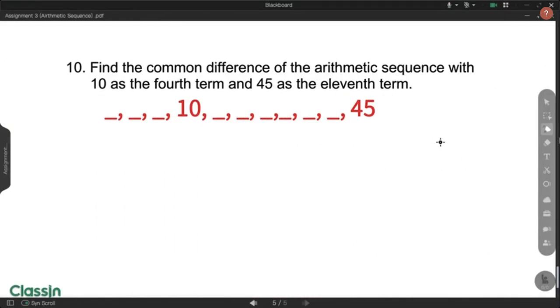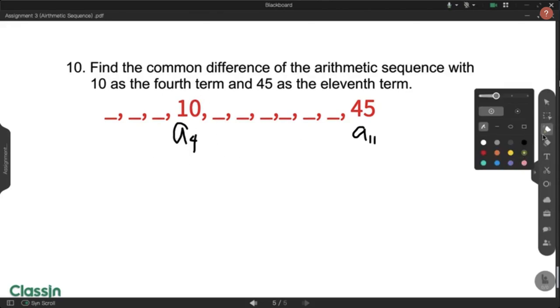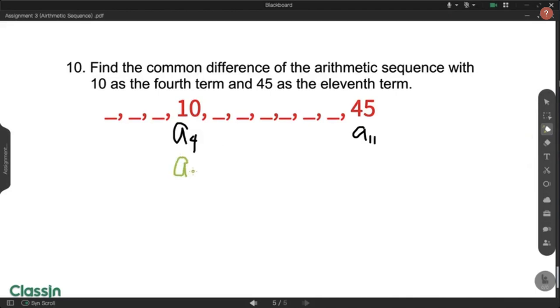Number 10. Find the common difference of the arithmetic sequence with 10 as the fourth term and 45 as the 11th term. There we go. Just like the technique that we used earlier, we can treat the first number here as our new first term. And the last term will be 45.